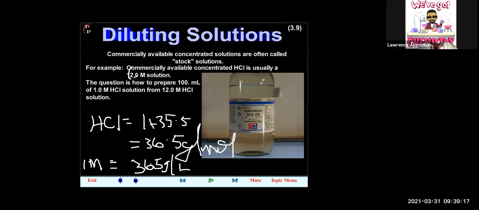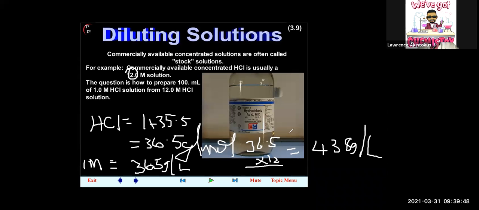So how did they get this 12 molar solution? That means they dissolve 36.5 times 12, which will give us 438 grams. So this was dissolved in just 1 liter.